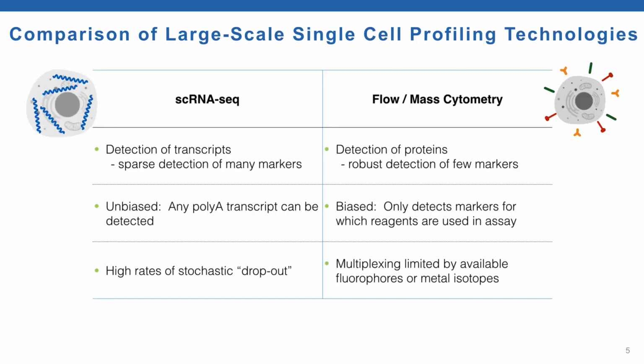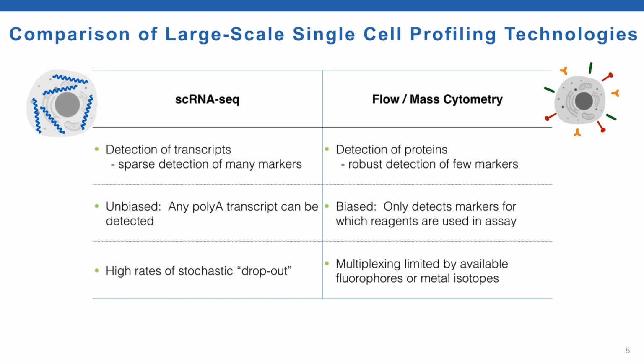So this gets into a comparison between single-cell RNA sequencing and, I guess, the current state of the art in really high throughput single-cell phenotyping, which is using well described protein markers on the cell surface to categorize cells. This is done by flow or mass cytometry.